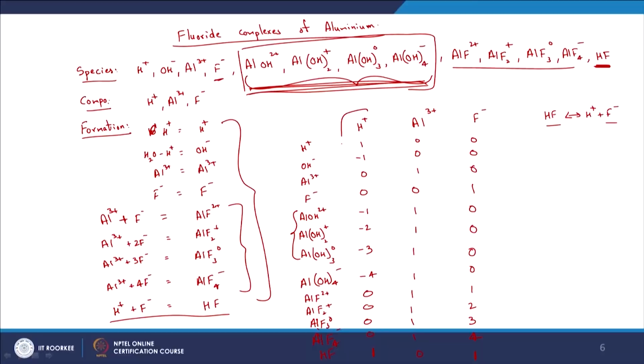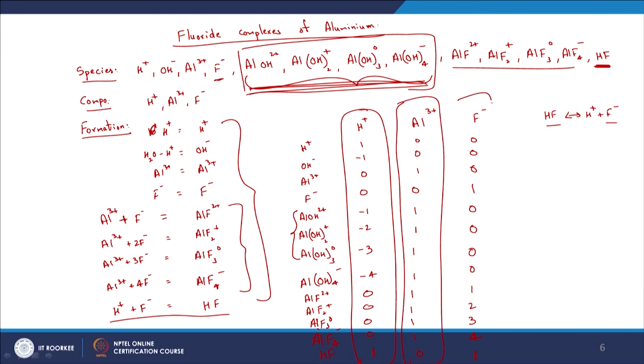From here obviously what can we do? We can apply the H total, and then Al3 plus total, and F total. We can get that done relatively easily, which I am not going to go through again in detail. But obviously you need to be able to come up with the relevant coefficients.